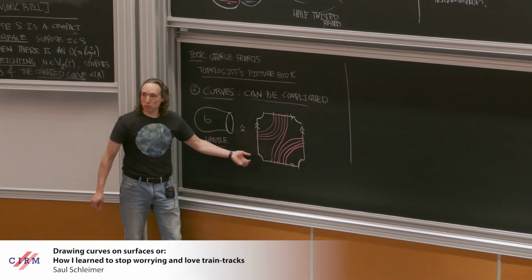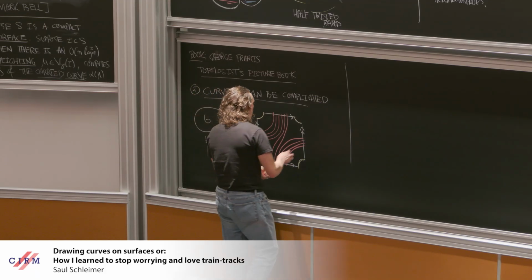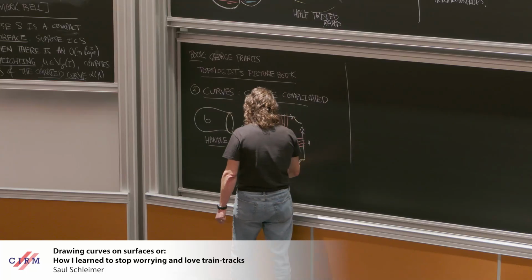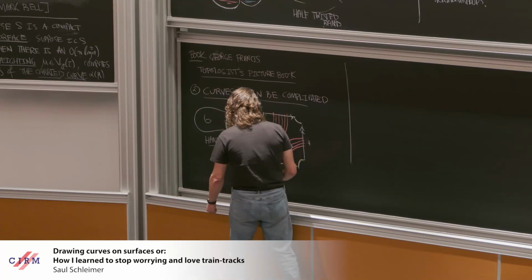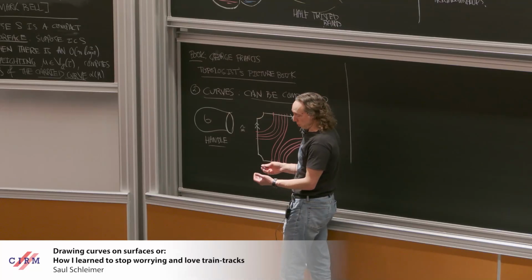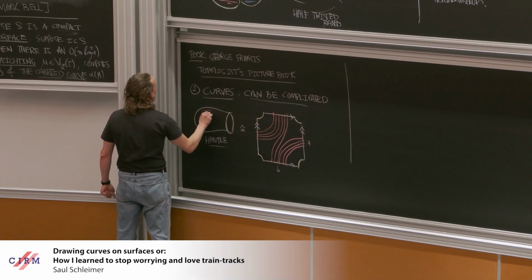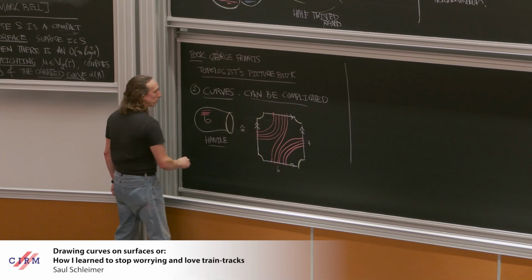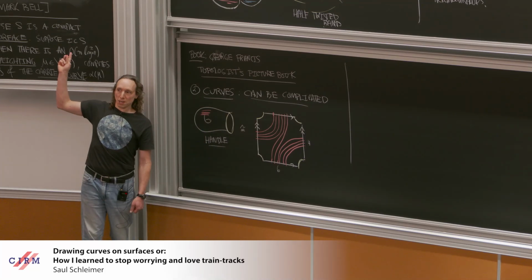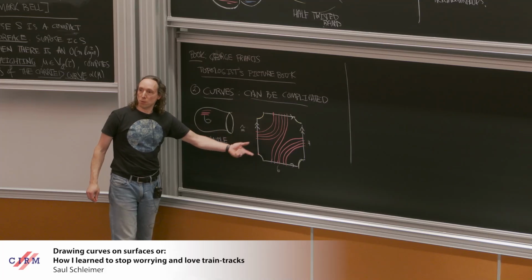So here's a curve on a surface, and because of the magic correspondence, there's 4 crossings here, there's 6 crossings here. One greatly expects that this curve, multi-curve, will actually have 2 components. So I don't think that I can draw it here, so I'm not going to even try. But the title of the talk is how to draw curves on surfaces, so this is one way to do so.